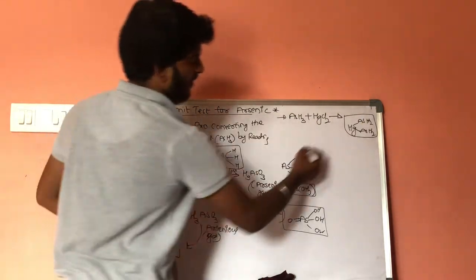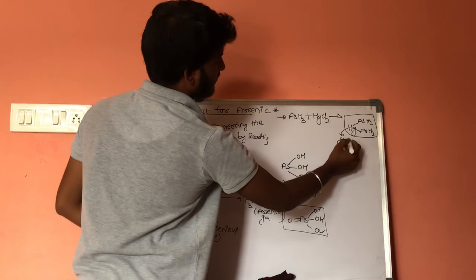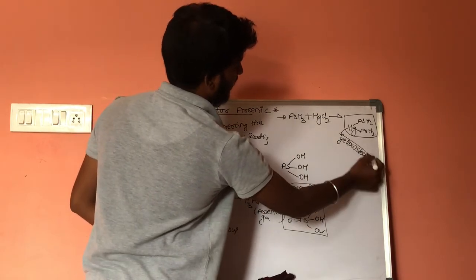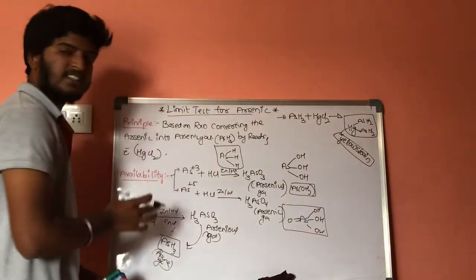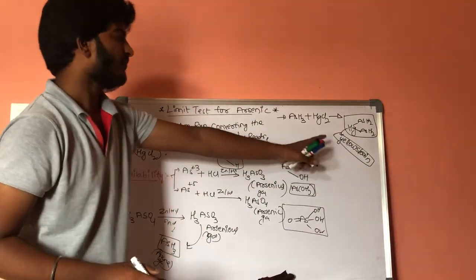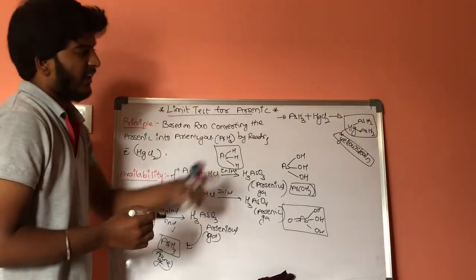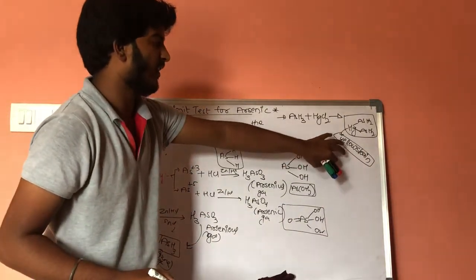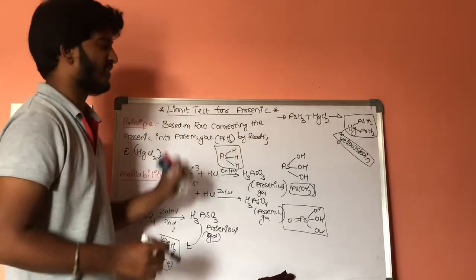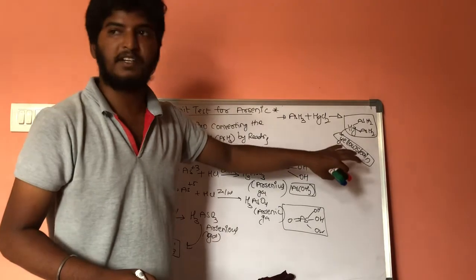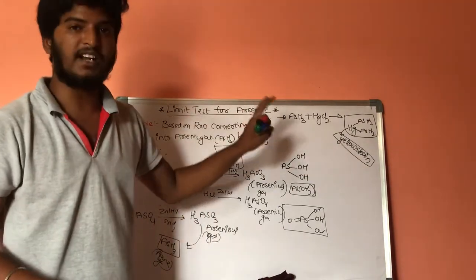This is a yellow stain. This conversion of a colorless substance into a yellow stain is the basis of the limit test for arsenic, that is, it will detect the impurities present as arsenic. If a yellow color stain is obtained, then there is presence of arsenic.